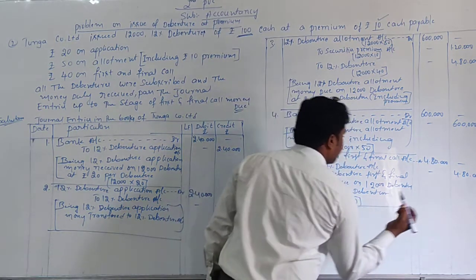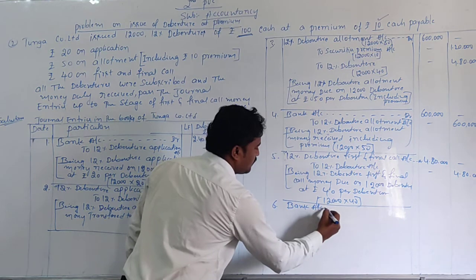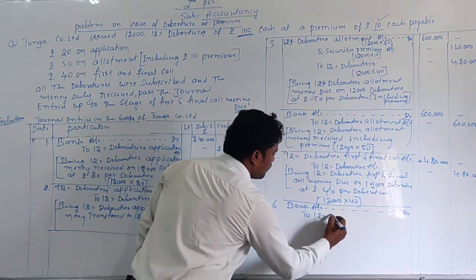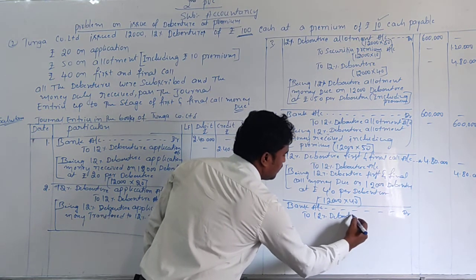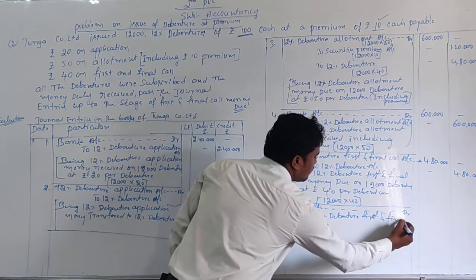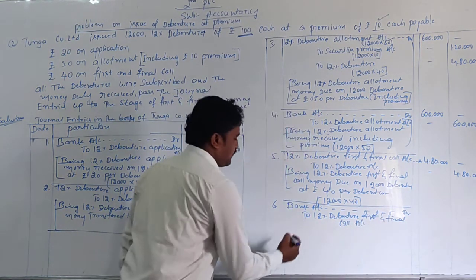Next, for receive, the sixth one: bank account debit to 12% debenture first and final call account.